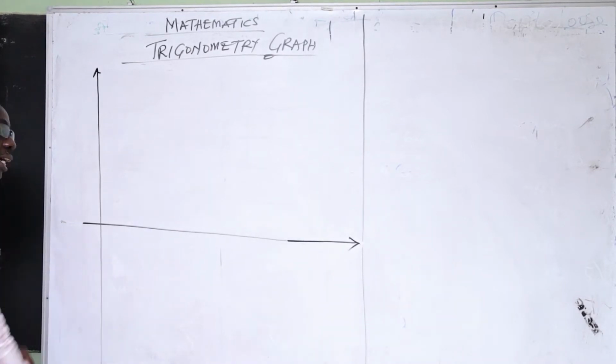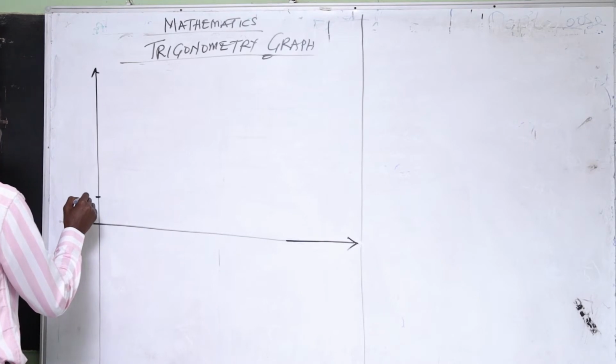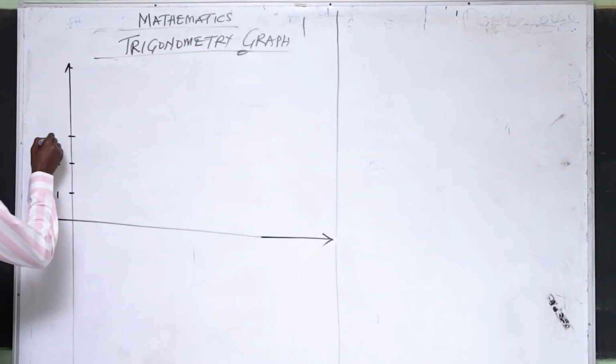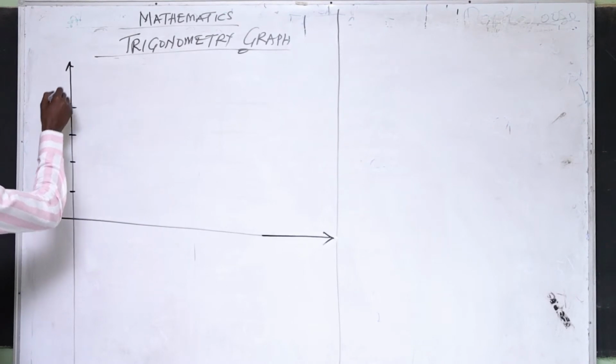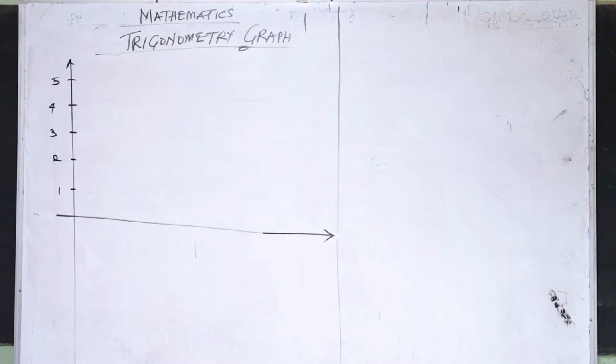Okay, what's the scale? 1 unit. So that means this is 1, this is 2, 3, 4, 5. As much as possible, my 5 should show.